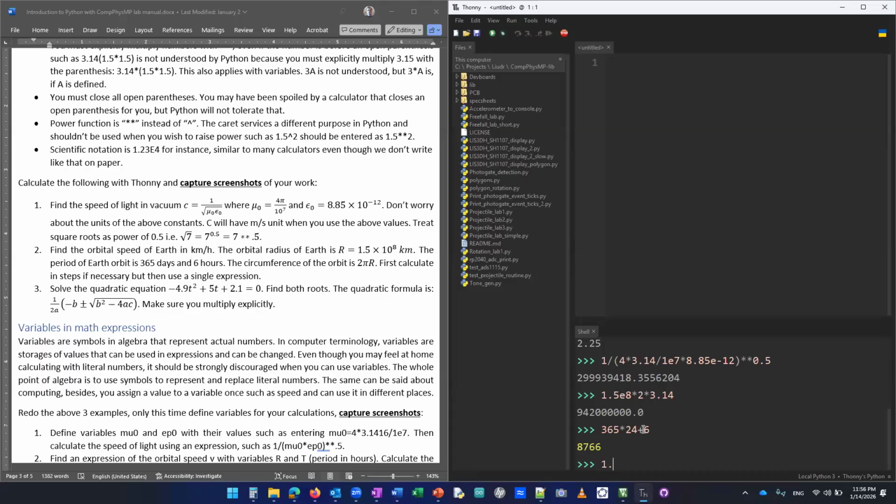So let's do that. 1.5 e 8th power times 2 times 3.14, divided by 365 times 24 hours plus an additional 6 hours. That would be, there we go.